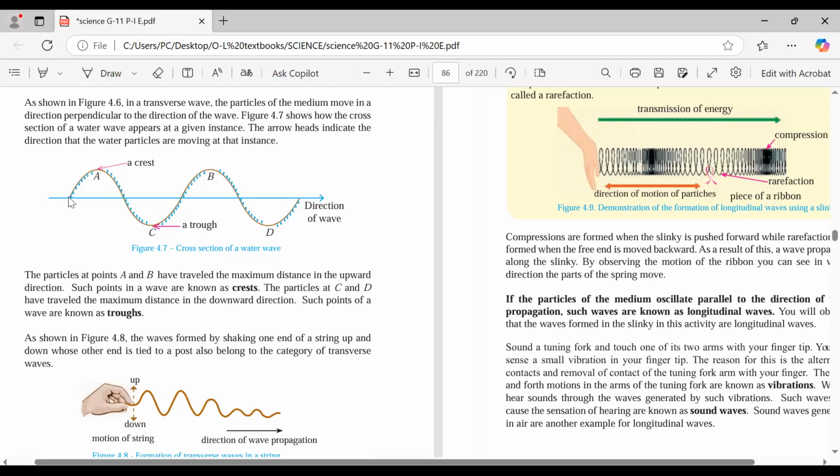So we can imagine this thread as, in the beginning, it was like this. When you give it a disturbance, they will try to move in this type of curvy manner. So the crest is the maximum distance in the upward direction, and the trough is the maximum distance in the downward direction, C and D.